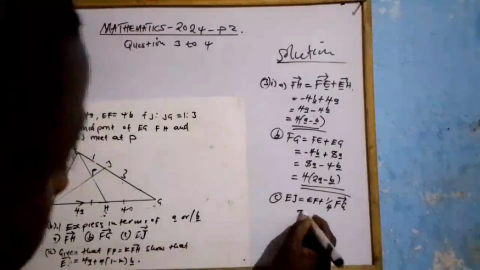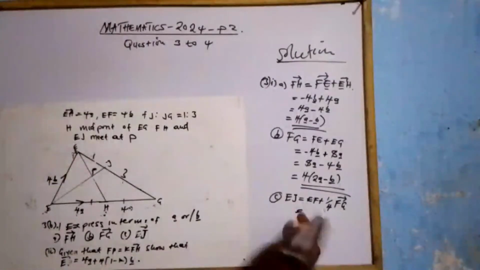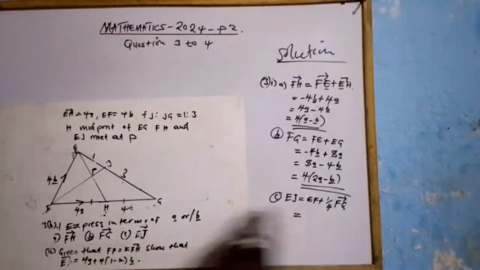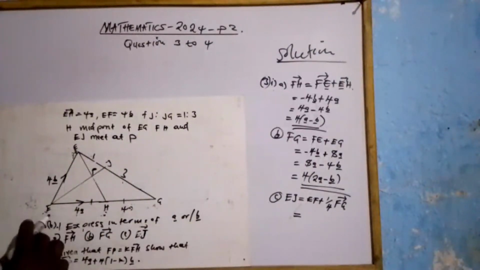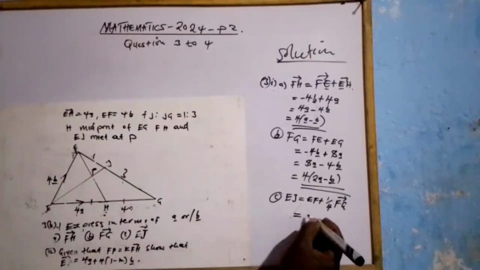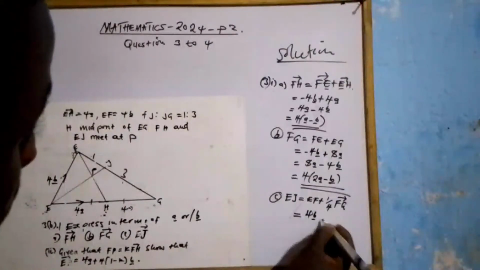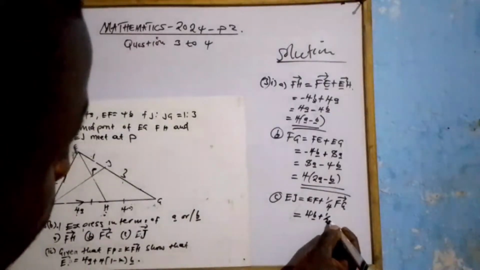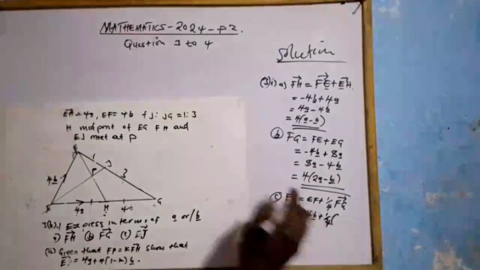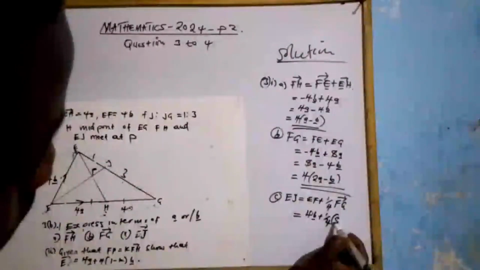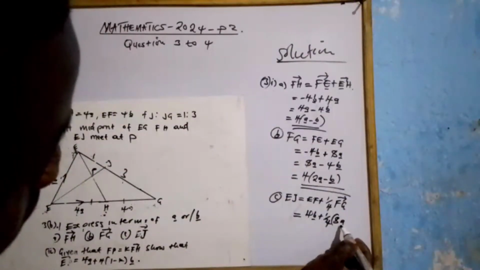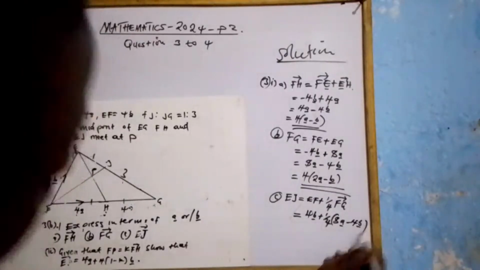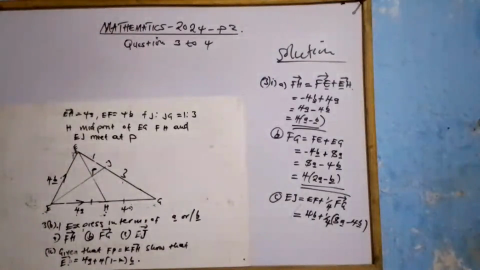So in which it will be equal to, we all know that EF, this one EF, it is 4B, then plus 1 over 4, then open brackets, then we have 8A, then minus 4B. Okay, I hope you're following what I'm doing.